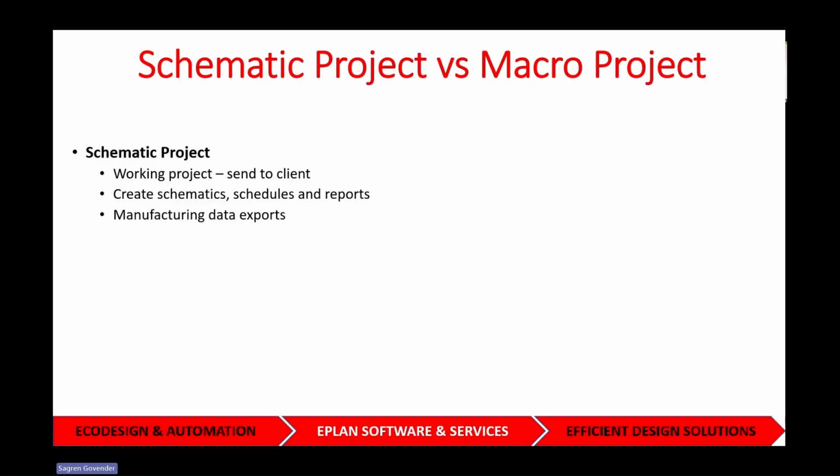You export your manufacturing data, like your bill of materials and cable schedules, and all of that stuff from this project. At the end of the day, you PDF this, you print it or whatever, and you send it off to your client, you send it off to a switchboard manufacturer, and so forth. One of the limitations of a schematic project is that you cannot insert a macro box in a schematic project.